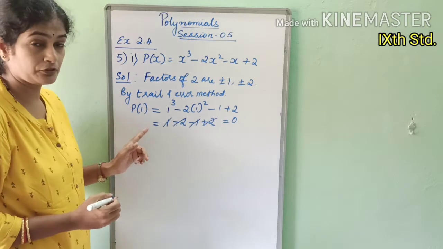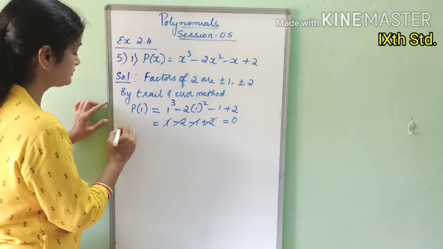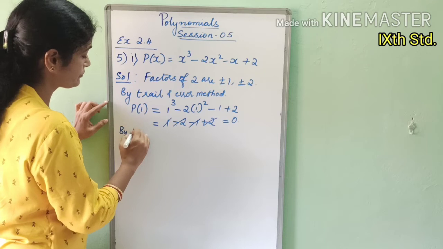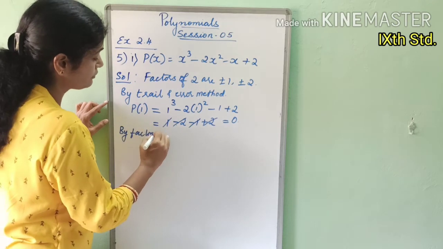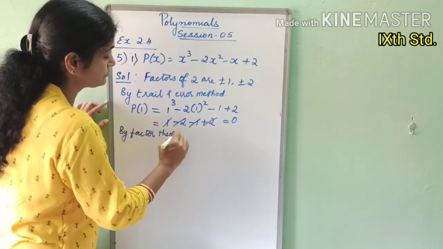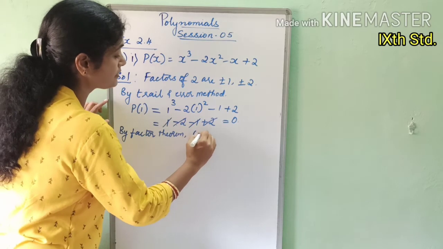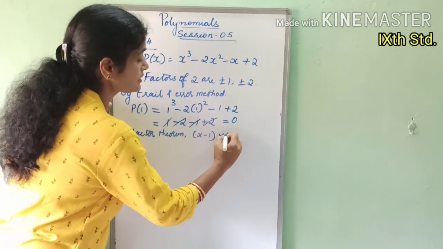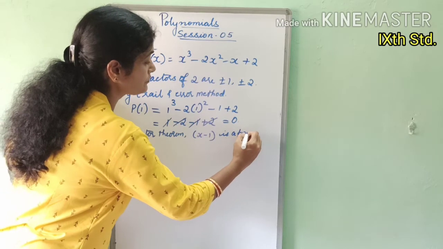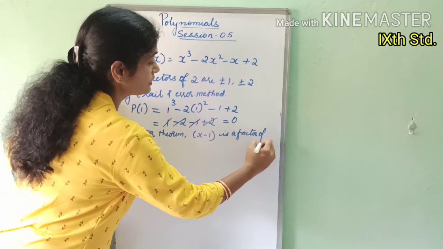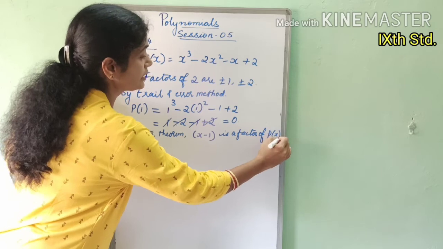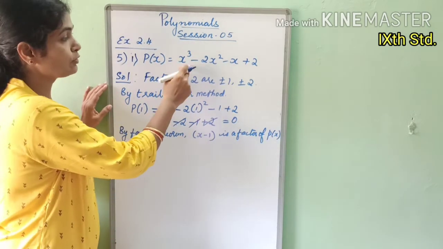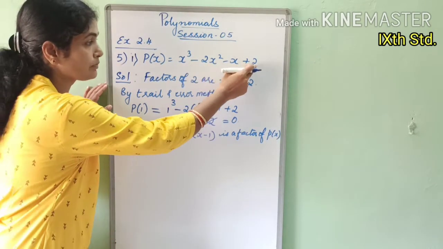Therefore, by factor theorem, x minus 1 is a factor of p of x. In this case, p of x is x cube minus 2x square minus x plus 2.